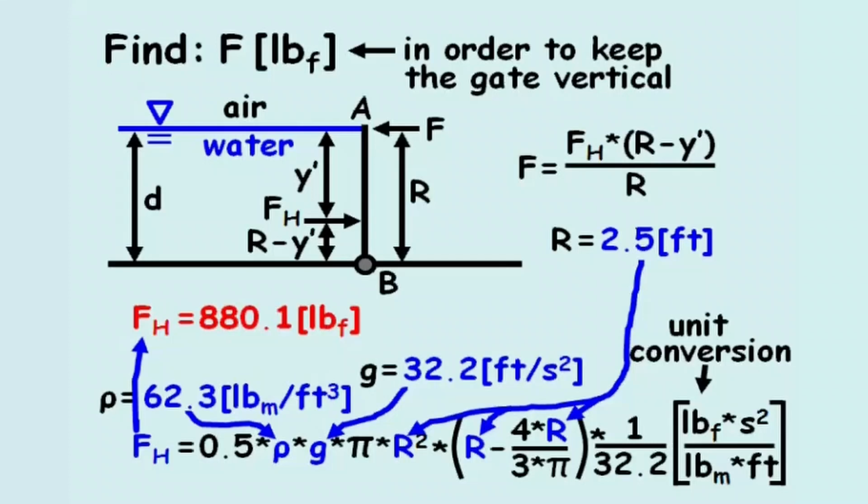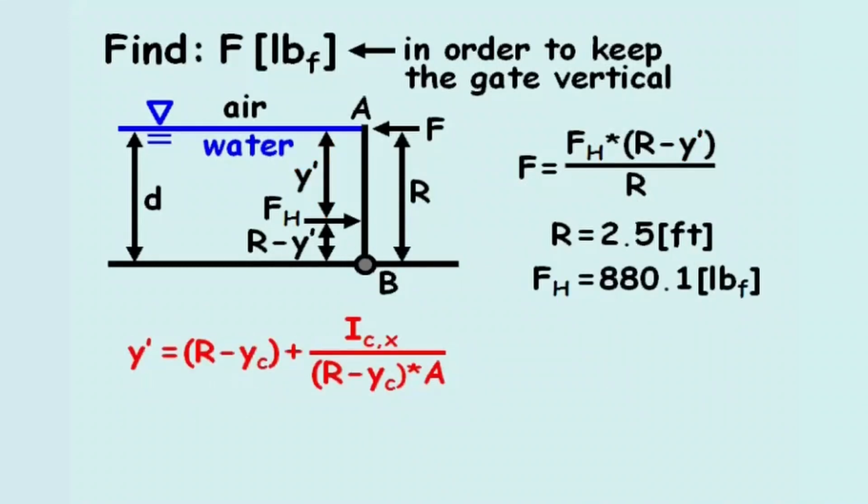Now that we have variables Fh and r, we are left to figure out the value of variable y prime. Y prime refers to the distance from the top of the gate to the point where the resultant hydrostatic force Fh is acting upon the gate.